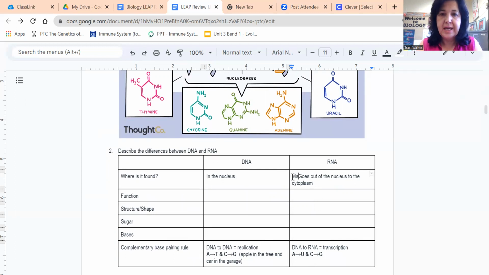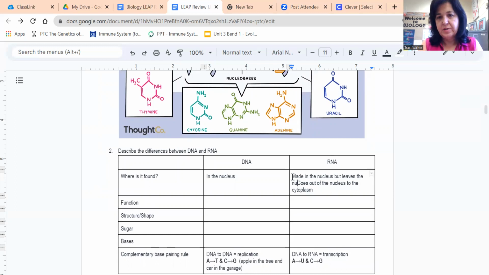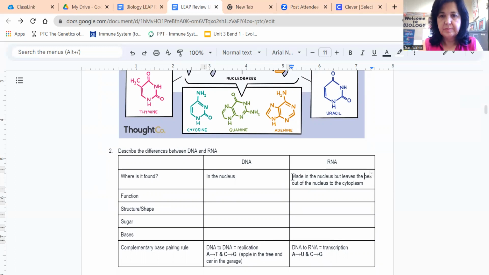So RNA is made in the nucleus, but leaves the nucleus to go out to the cytoplasm. But the DNA never leaves the nucleus.